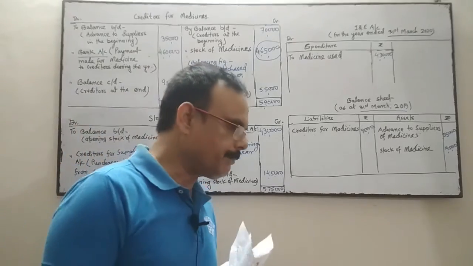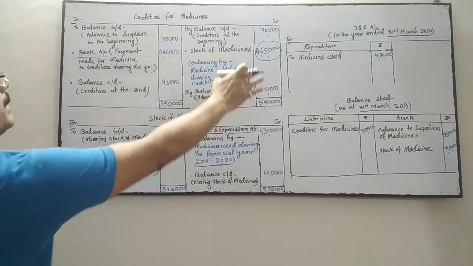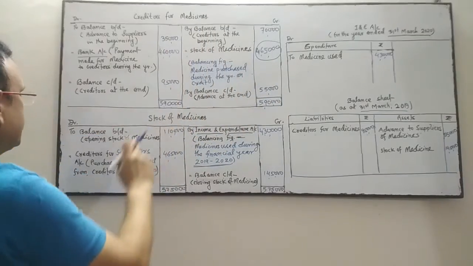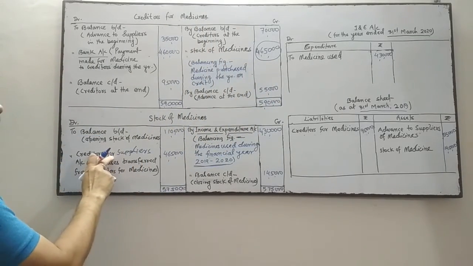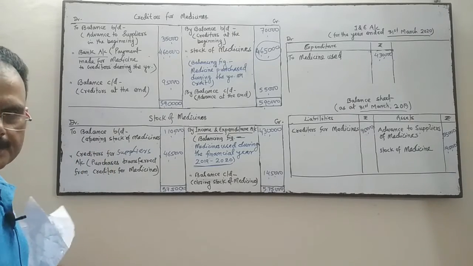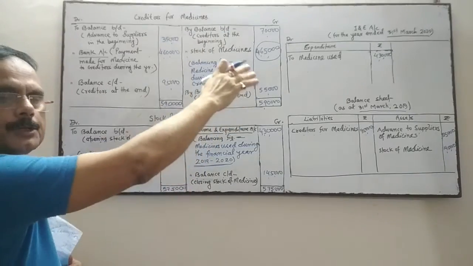If the purchase of medicine during the year is given, then there is no need to prepare the creditors for medicine account, because this information has been given directly. It means I'm not going to prepare this ledger in question number 2.